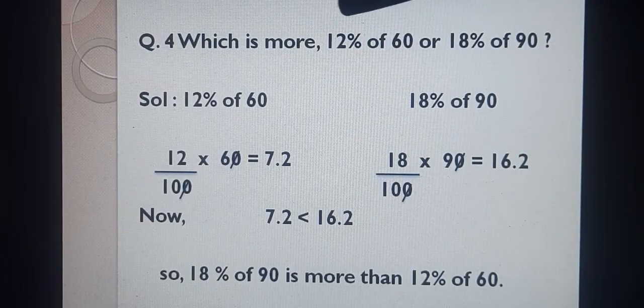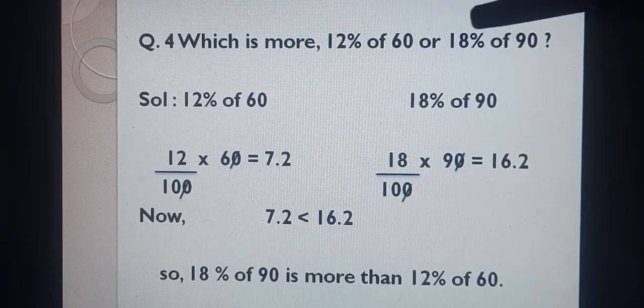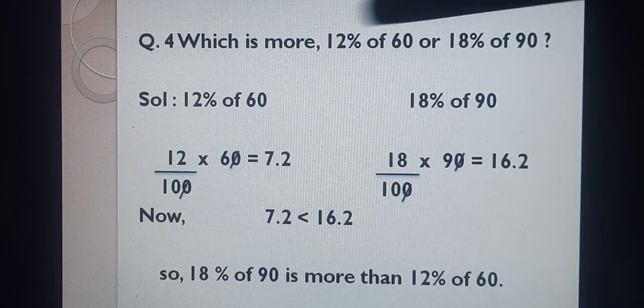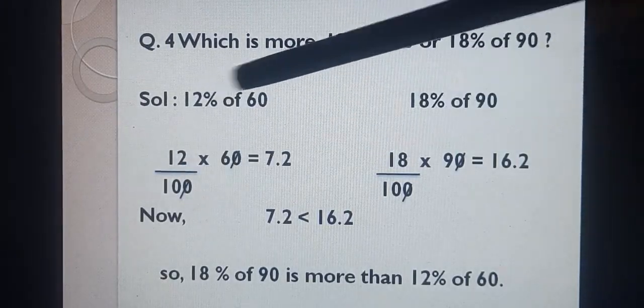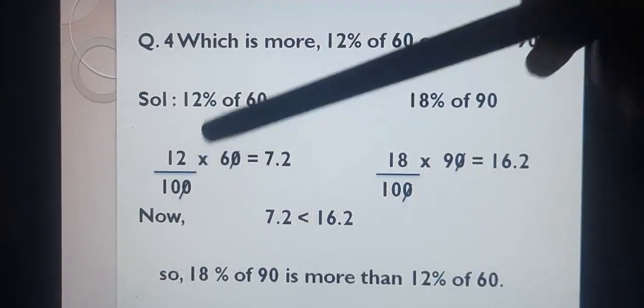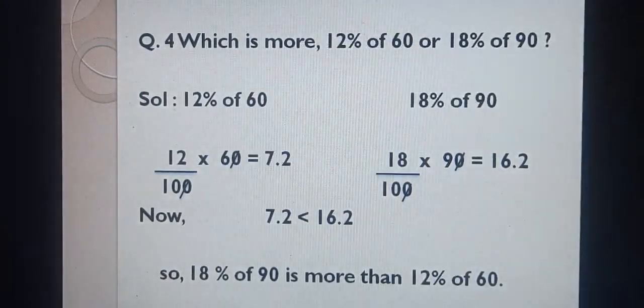Next is question number 4. Which is more, 12% of 60 or 18% of 90? Is 12% of 60 bigger or 18% of 90 bigger? So we have to solve both of these first. 12% of 60. 12 upon 100 multiply by 60.